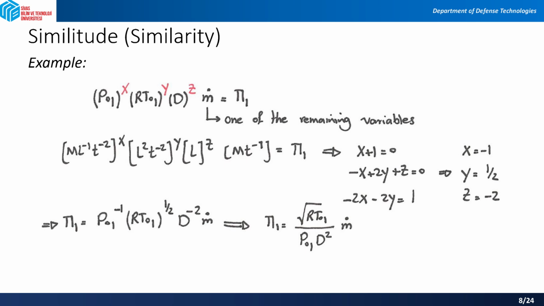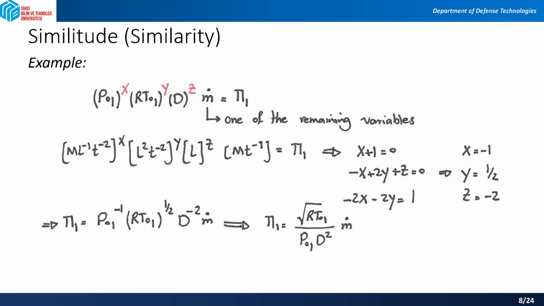And you have to put x, y, z as the powers of these 3, and then find these x, y, and z as the unknowns of this equation. So you see that pressure is M L to the minus 1 T to the minus 2 to the power of x. RT0 is L squared T to the minus 2 to the power of y. And diameter is length to the power of z.